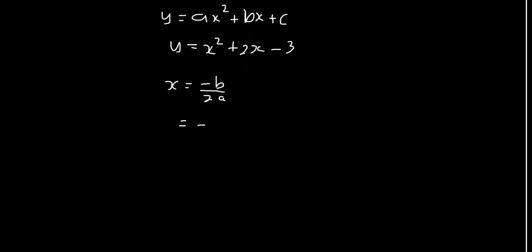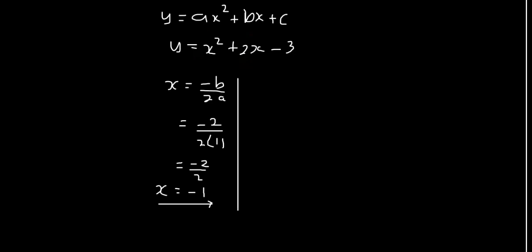So we say negative 2 over 2, then open the bracket for the value of a, which is 1 in this case. Negative 2 over 2 times 1 is negative 1. That's the value of x in the vertex point.